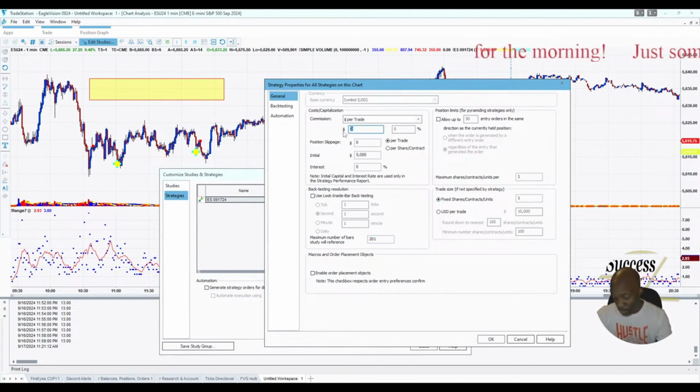These are my minis, so I think my commissions are like 75 cents, something like that, one way. Slippage, we'll say $10. That's almost a point. Let's go $5. Okay.